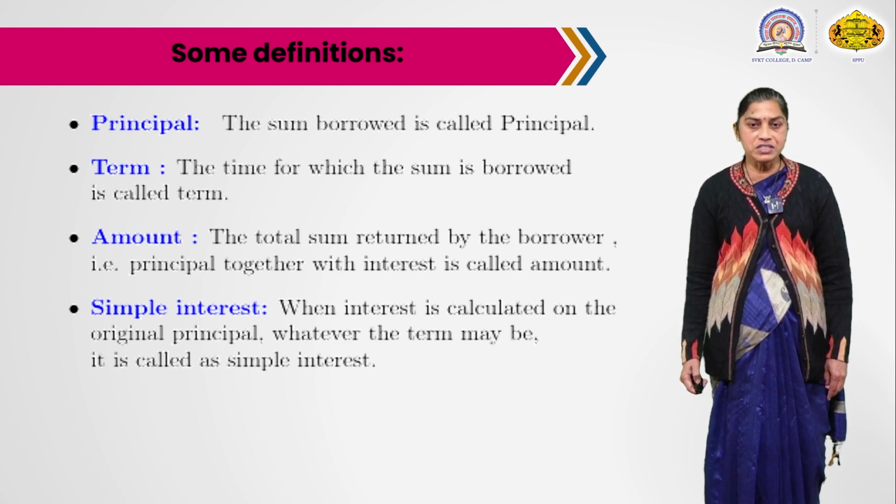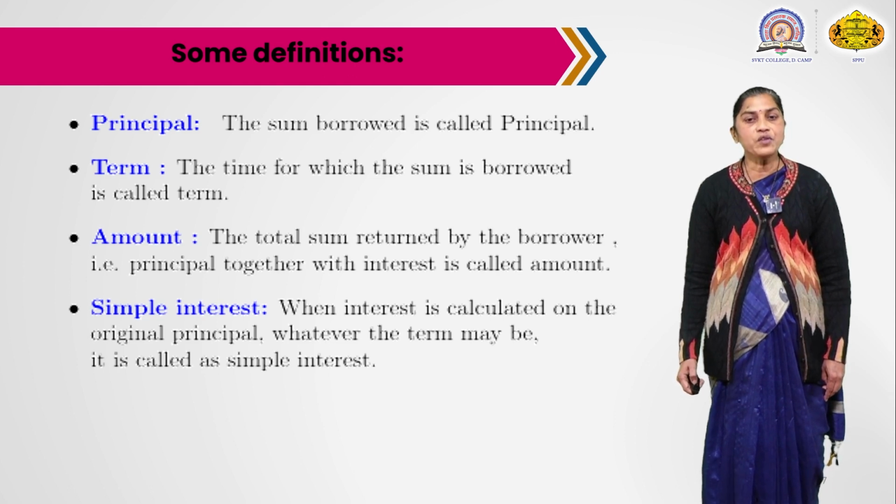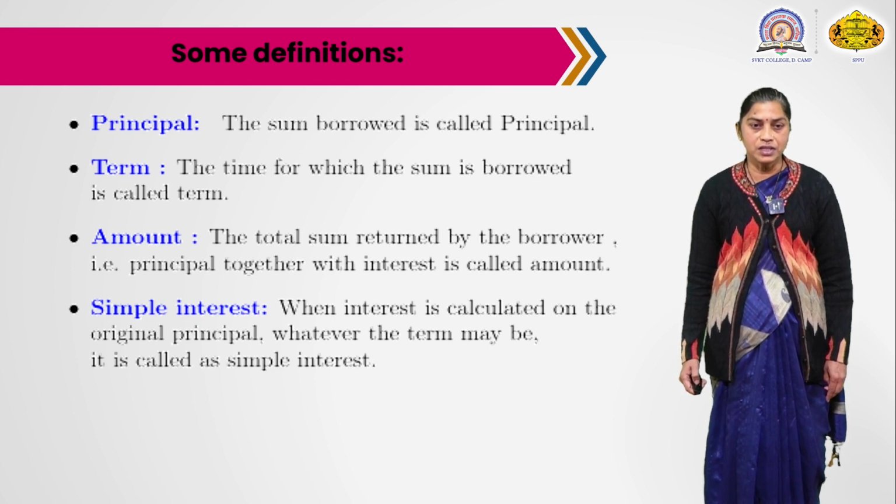So, amount is always equal to P plus I, where I is interest. Now, there are two main types of interest, either simple or compound. What is simple interest? We will start firstly with simple interest. When the interest is calculated on the original principal, whatever may be the term, it is called simple interest.